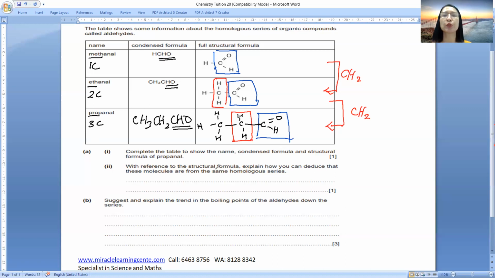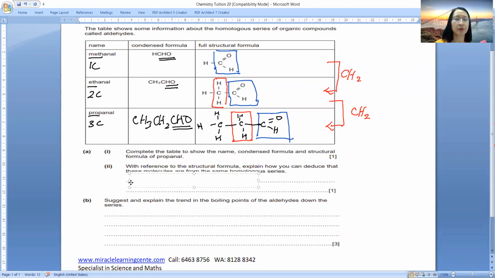With reference to the structural formula, explain how you deduce that these molecules are from the same homologous series. Because they all have the same functional group, CHO. Because they have the same functional group, we can tell that they all belong in the same homologous series.